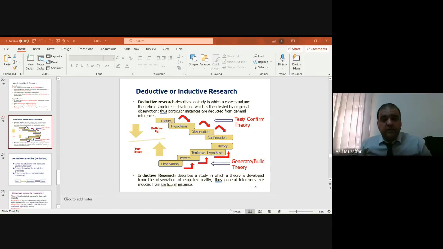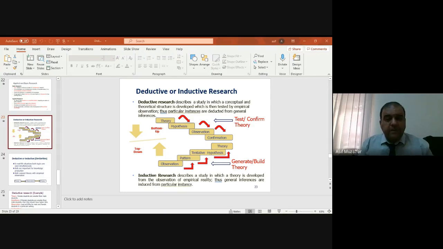In other words, deductive approach is for investigation. That means if you have explanatory research, then you can have hypothesis, or then you can test theory. Test means some relationships are already there. You are checking something else in it, or you are modifying it, or you are adding something to it. So in explanatory research, you will test the hypothesis.